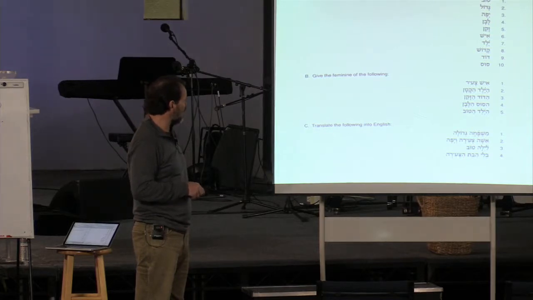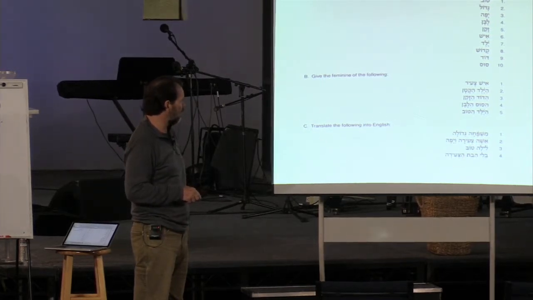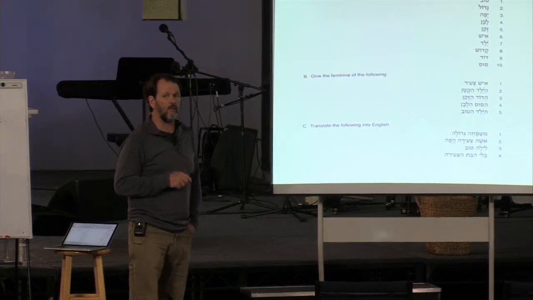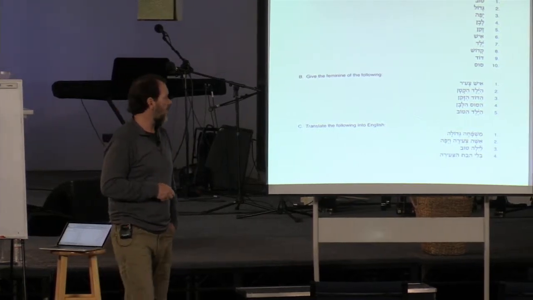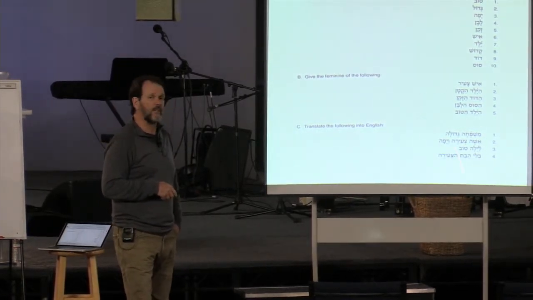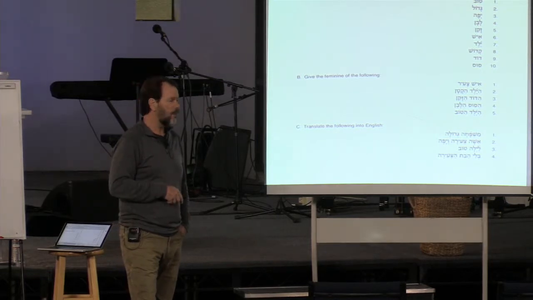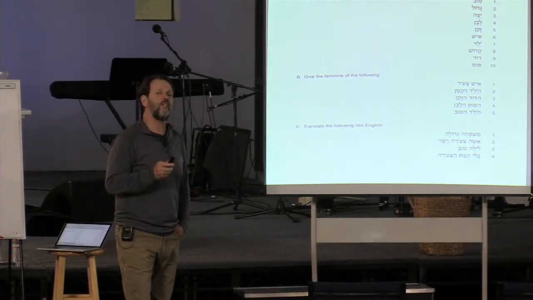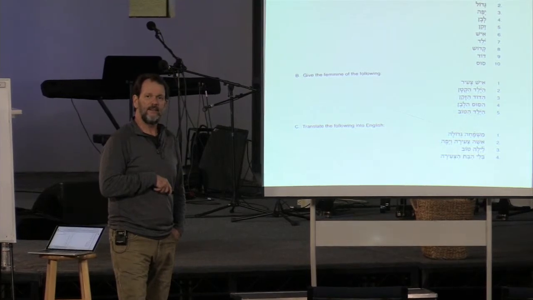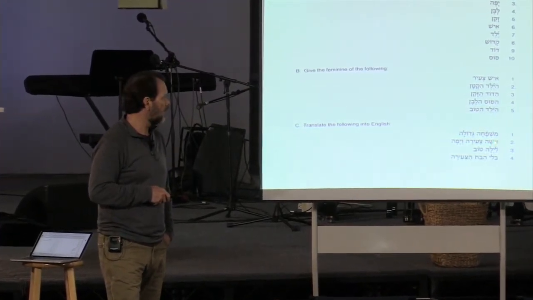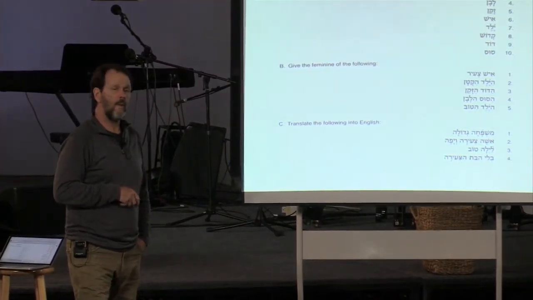Okay, translate the following into English. Mishpacha. Now, one of the things I want you to be doing with me is the exercise of just pronouncing, because that's the one thing that you don't have in your key. So we'll try to do this slow.